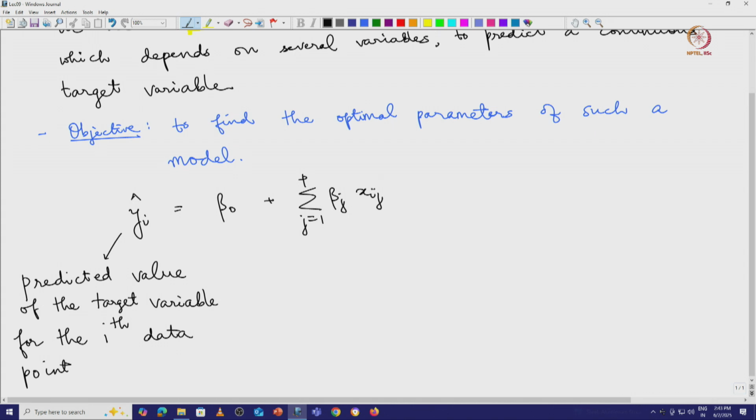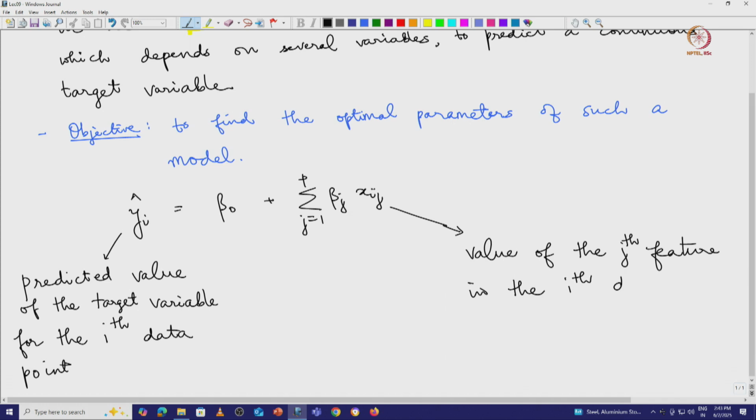Now what is xij? Xij is the value of the jth feature in the ith data point, right.